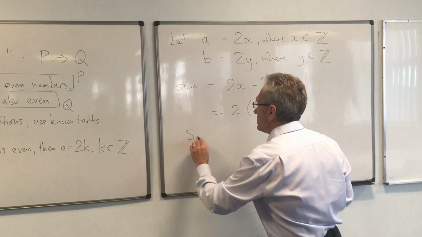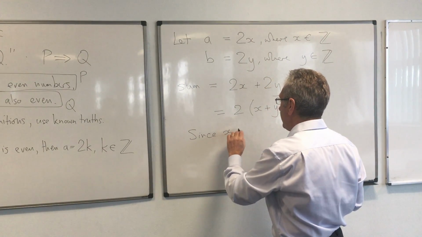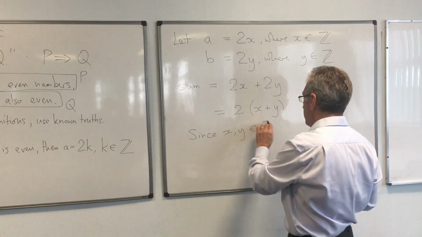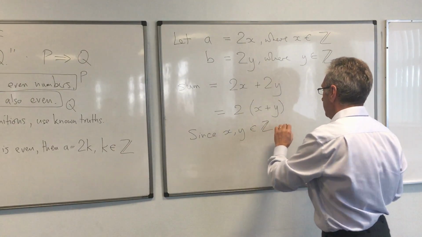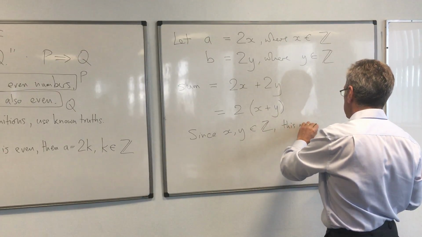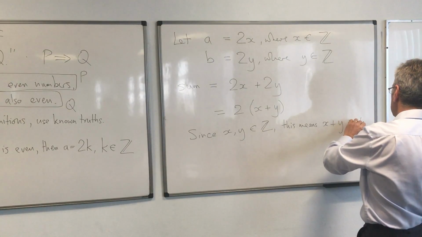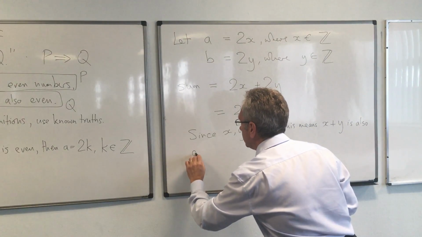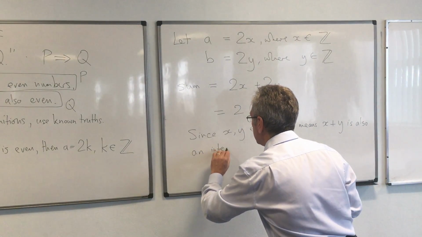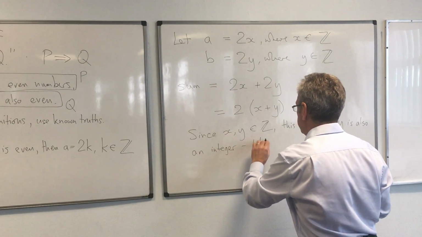So we write, since x and y are members of the integer set, this means x plus y is also an integer. Let's call it z.